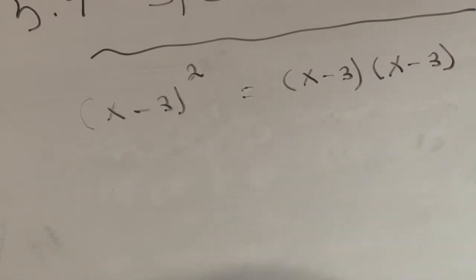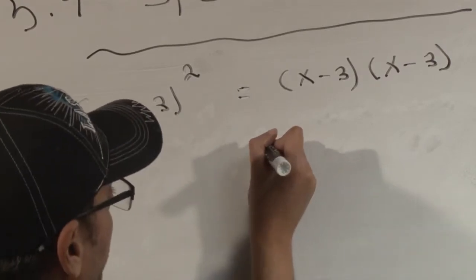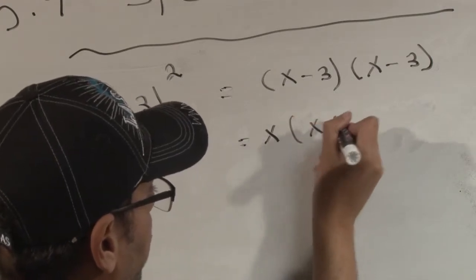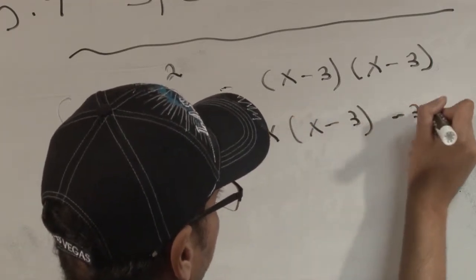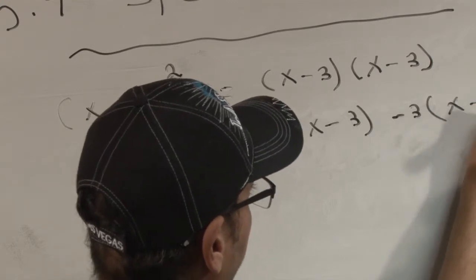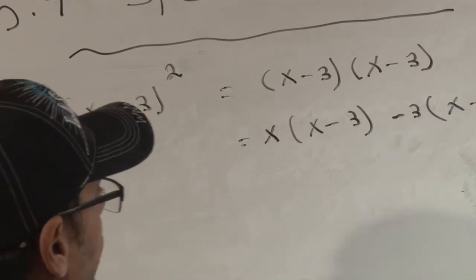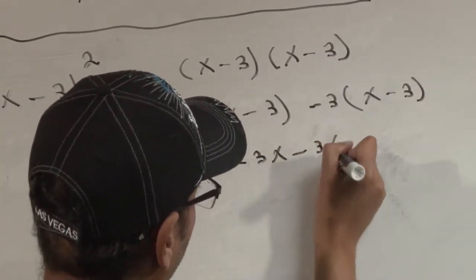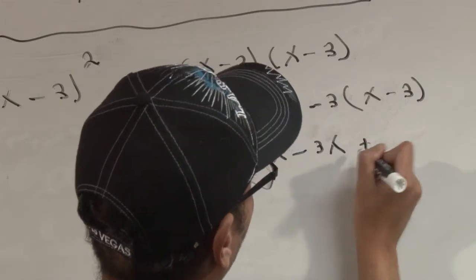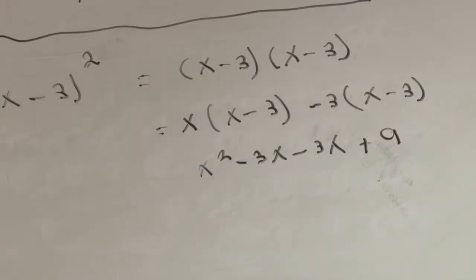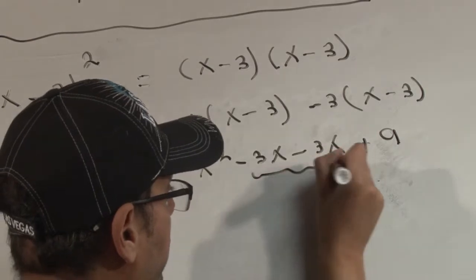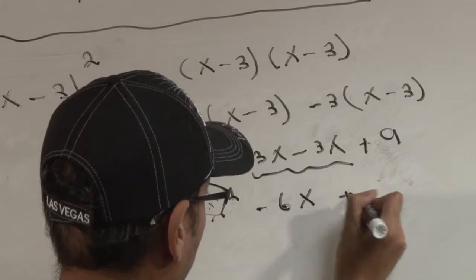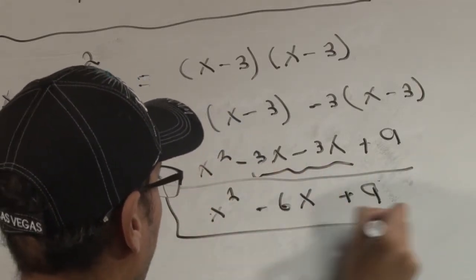Use the same way. x times x minus 3, minus 3 times x minus 3. Okay, distribute: x squared minus 3x minus 3x plus 9. If I simplify, this is x squared minus 6x plus 9, and this is the answer.